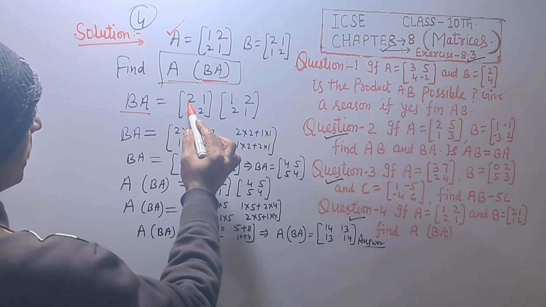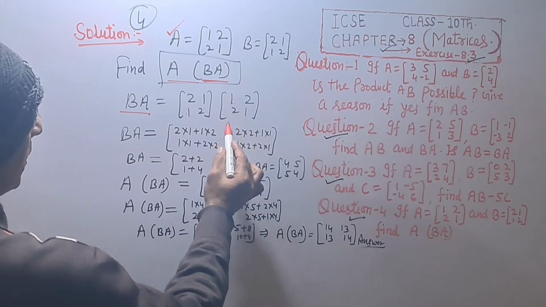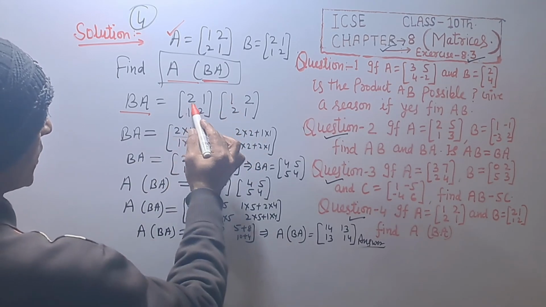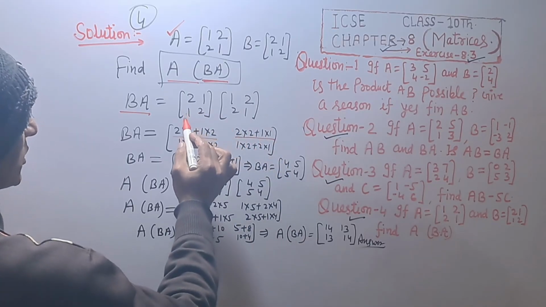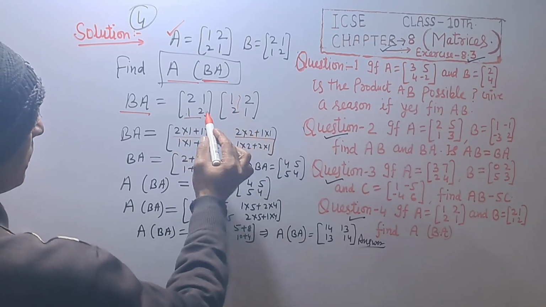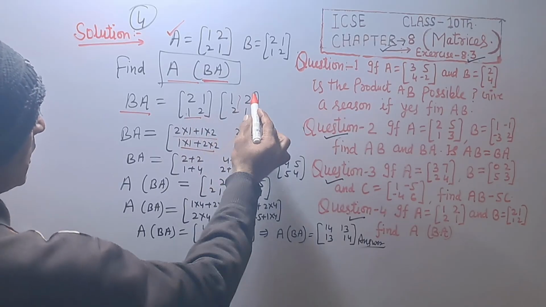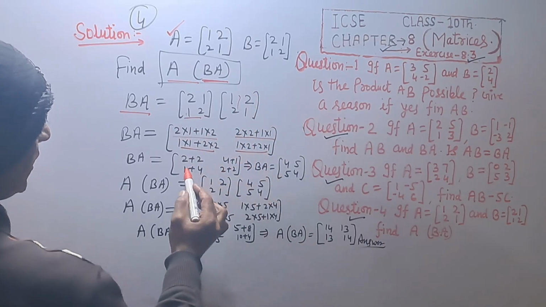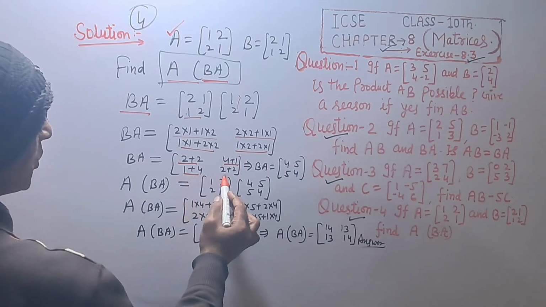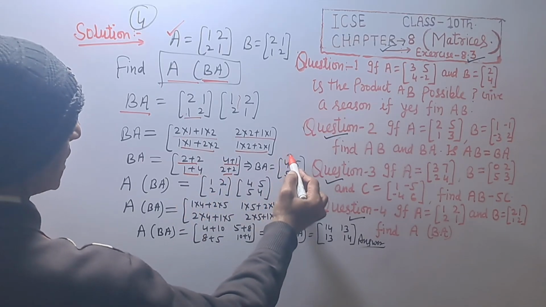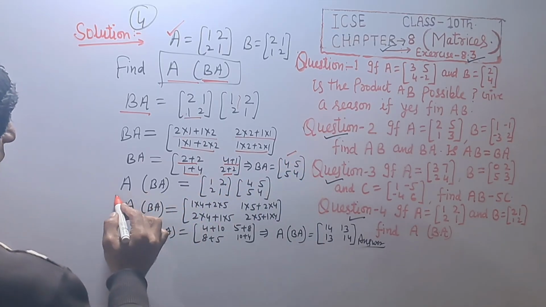First row multiply by first column, first row multiply by second column and their addition. Second row multiply by first column, second row multiply by second column. Then we get 2 plus 2, 4 plus 1, 1 plus 4, 2 plus 2. That is 4, 5, 5, 4.